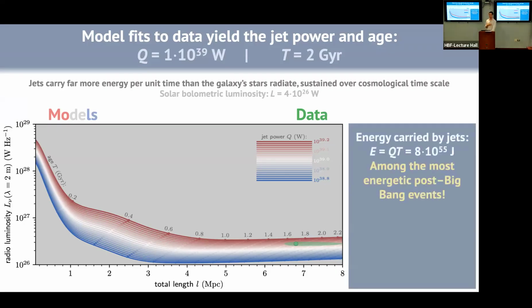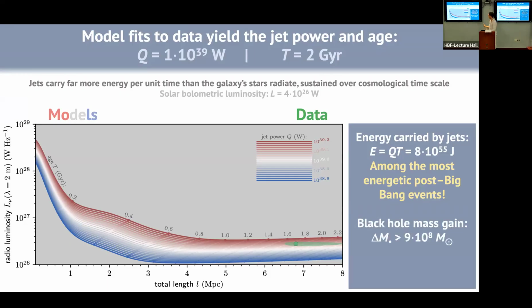If, as these models suggest, the jet power can be assumed to be constant over time, and you multiply the jet power with the time that the source is on, you get a very high amount of energy that this source deposits in the intergalactic medium, about 10^55 to 10^56 joules, which is comparable to the energy released when two galaxy clusters merge, which is classically seen as one of the more energetic events post-Big Bang.